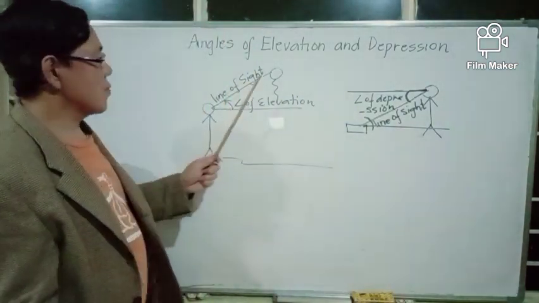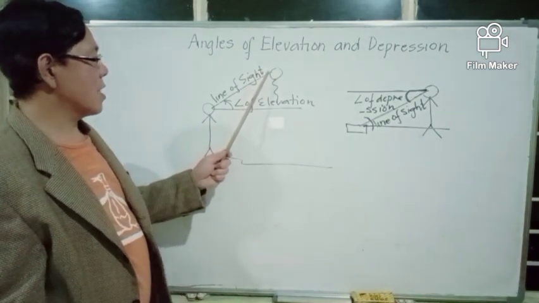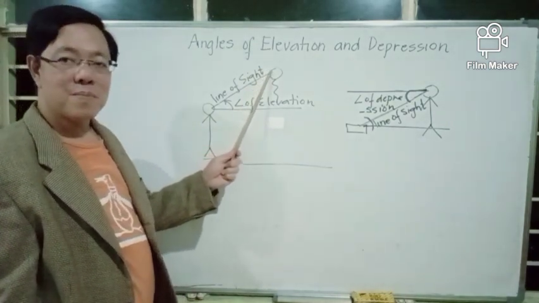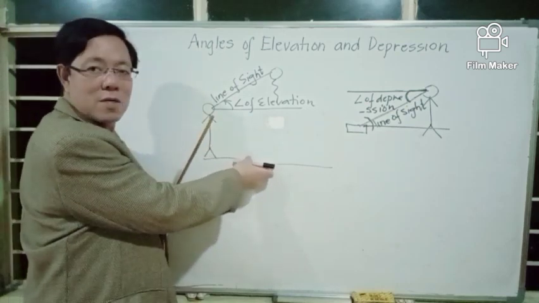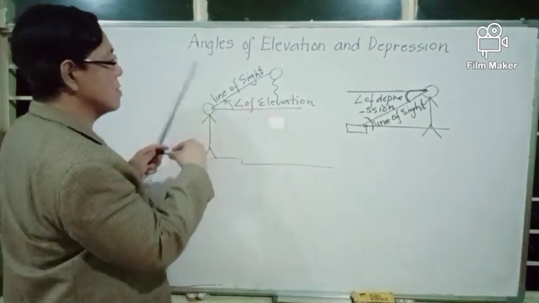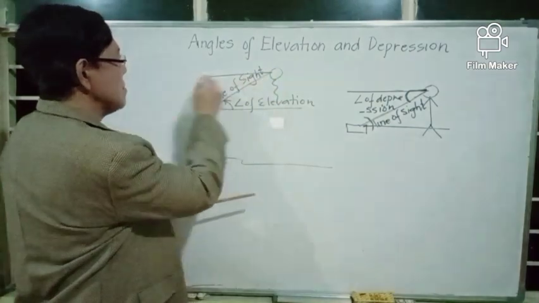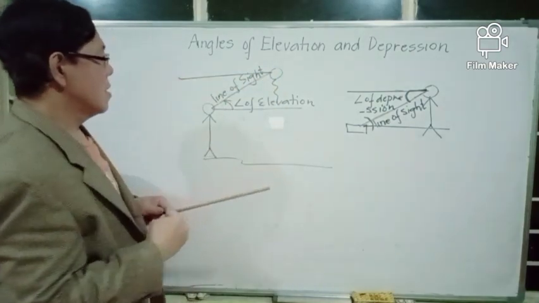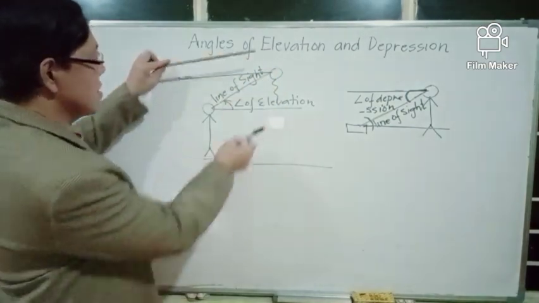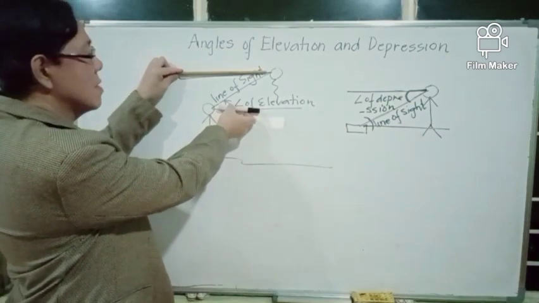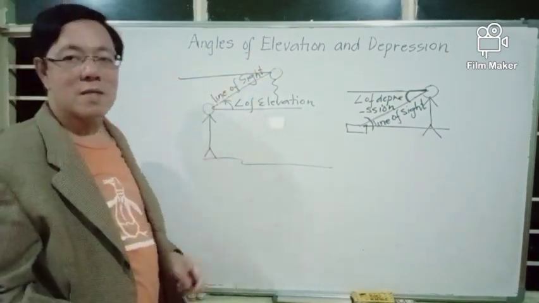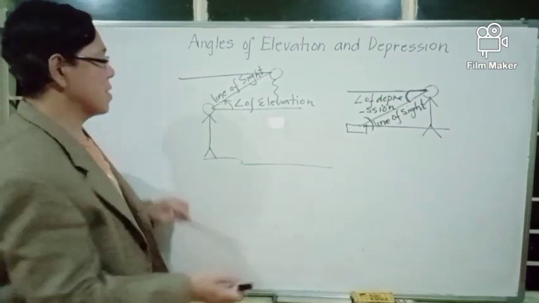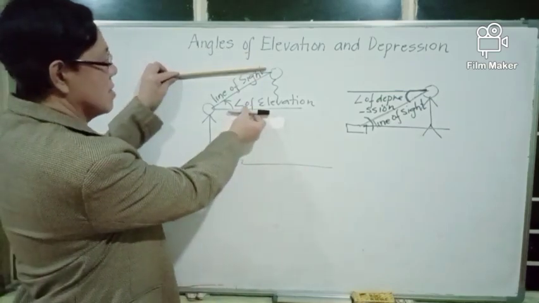Similarly, if we construct a line from the object parallel with this horizontal surface or this line, these lines are parallel, and this line of sight from the observer to the object is a transversal because it cuts these parallel lines.